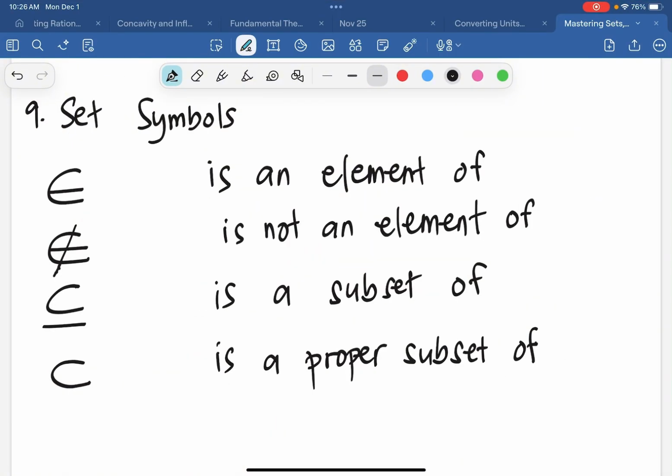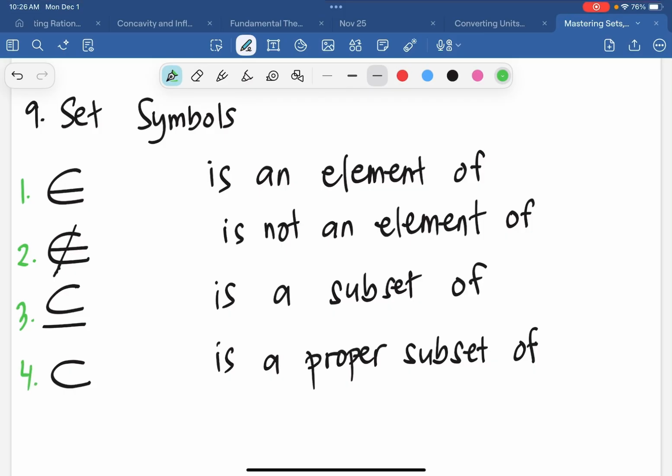And just a recap of the previous symbols. So we have here for the first one, this is the symbol for element. So we read this as an element of. Second, we have a slash here, so obviously it signifies not. So it is read as is not an element of. Third, we have here the subset, so it's a subset of.